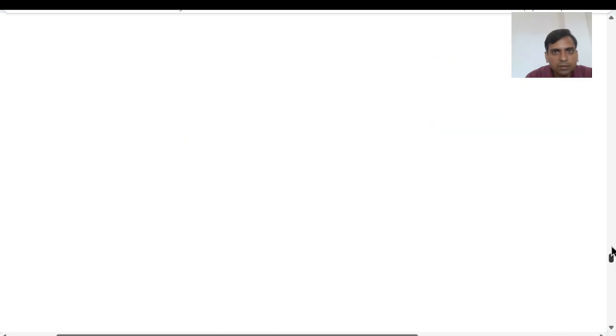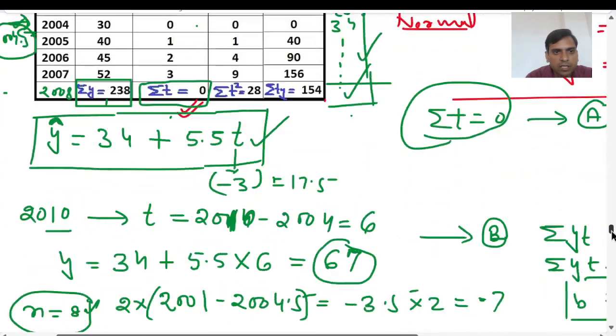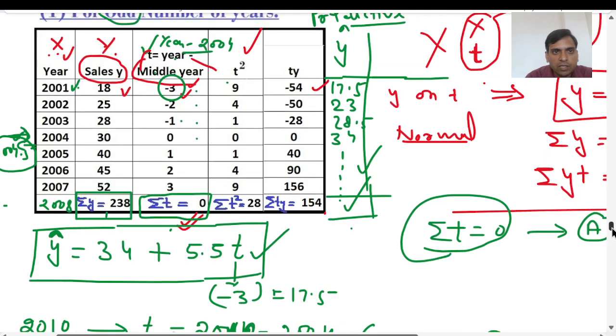Just like we considered this regression example. In this regression example, first we worked with this equation. This is y cap, and by using this equation, 334 plus 5.5t, by putting t equals -3, by putting t equals -2, you get these values, and these values are in an increasing pattern.